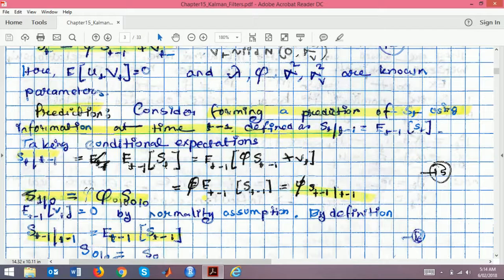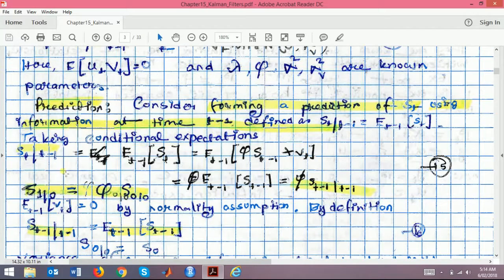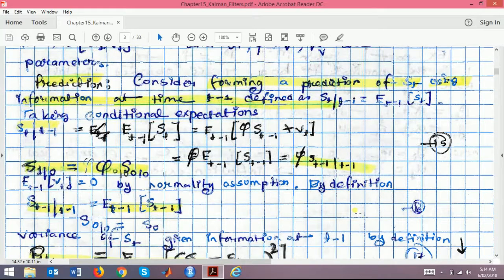So phi times the expectation at t minus 1 of st minus 1, that was the initial latent factor st, which is phi st minus 1, updated slightly. Phi st minus 1 is conditional upon t minus 1, which becomes, if we're talking about s10, on the left hand side, phi s naught.